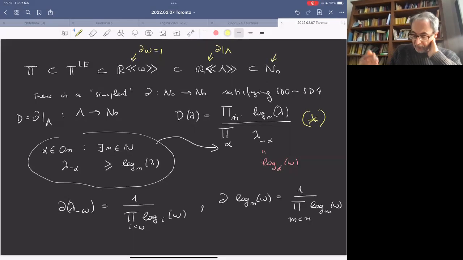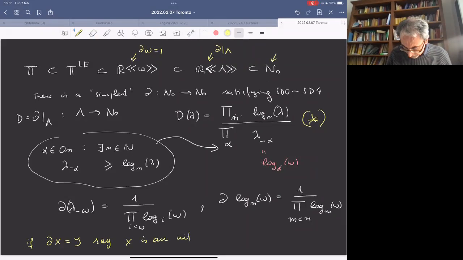Now I want to speak about integrals. What about integrals? If the derivative of x equals y, we say that x is an integral of y.